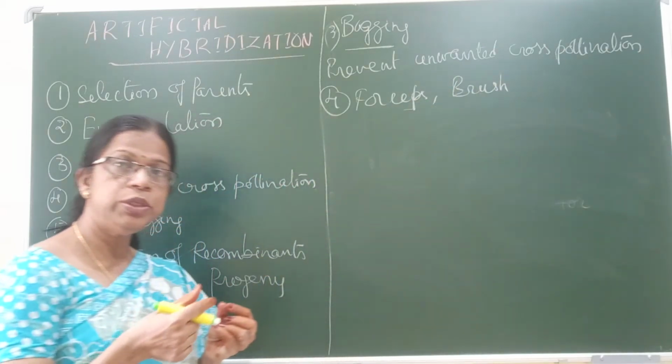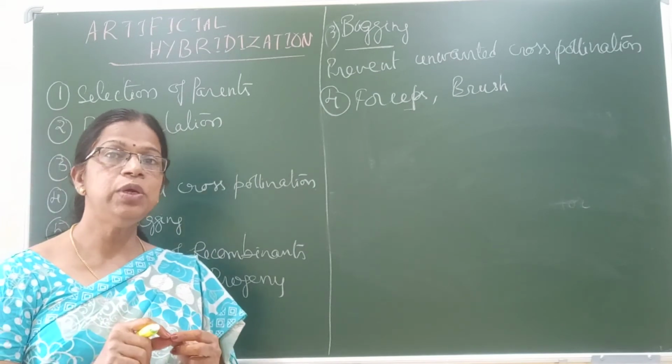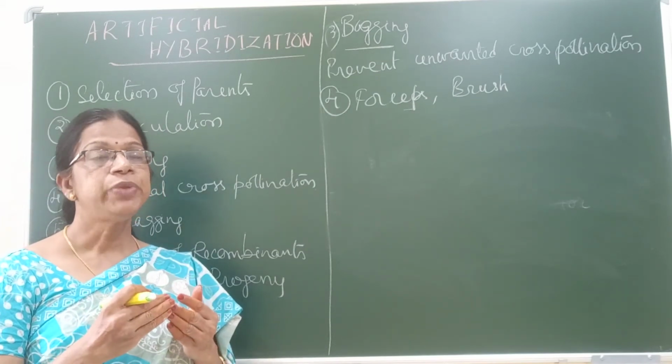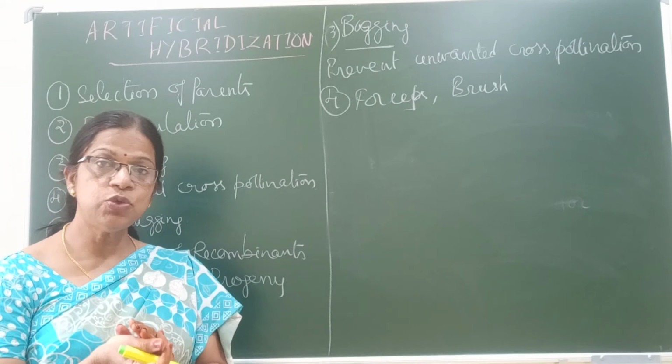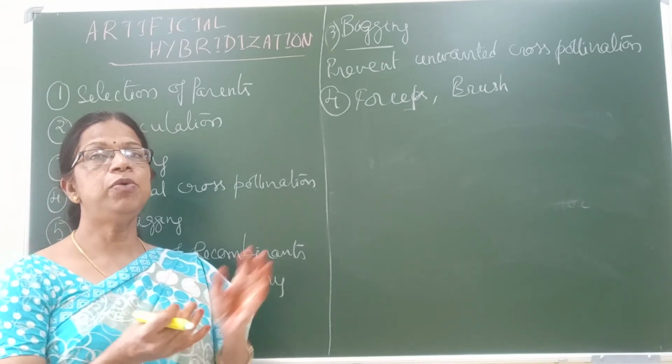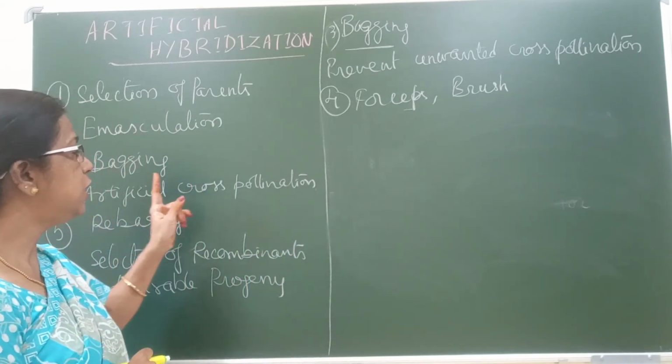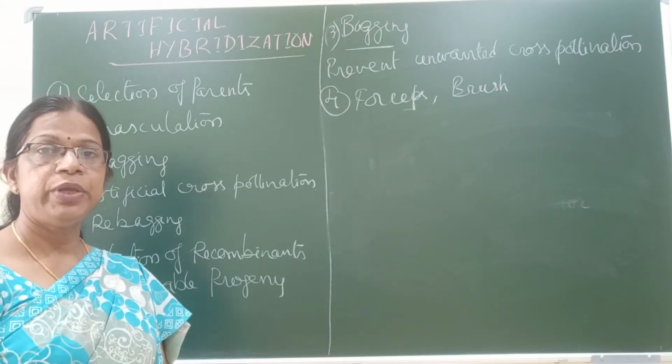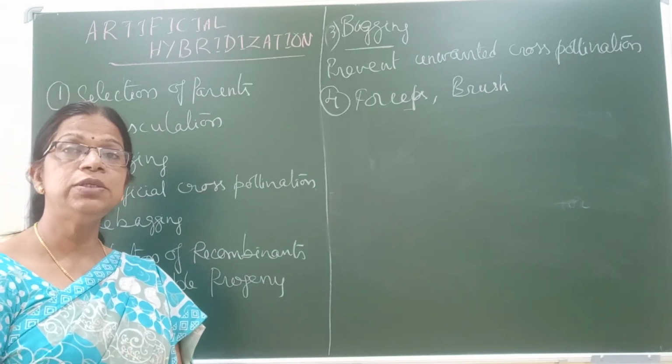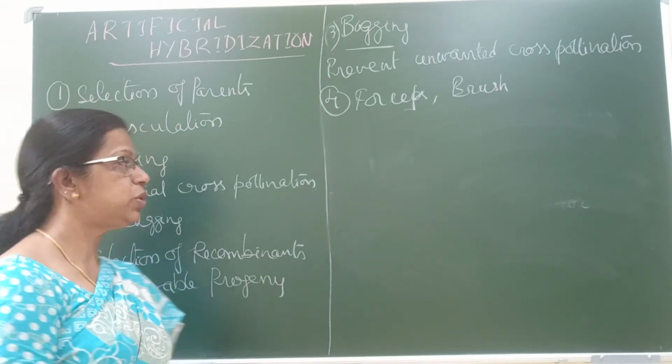The anthers are removed with the help of forceps and pollen grains are taken, transferred to the brush, and with the help of the brush they can be easily dusted on the stigma. That is called artificial cross-pollination or hybridization.